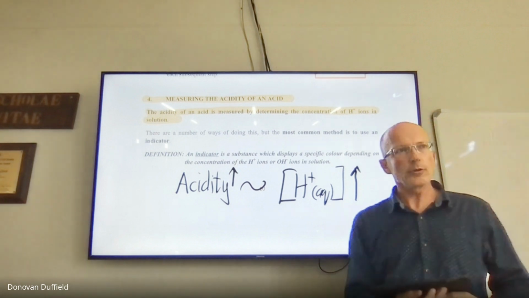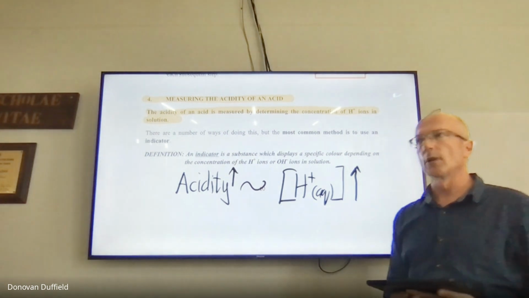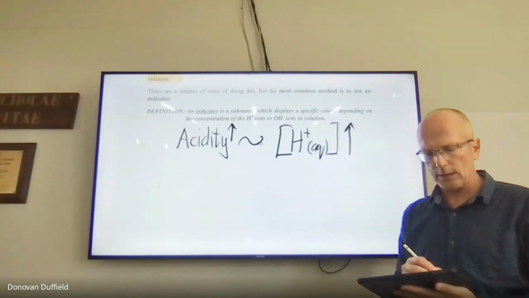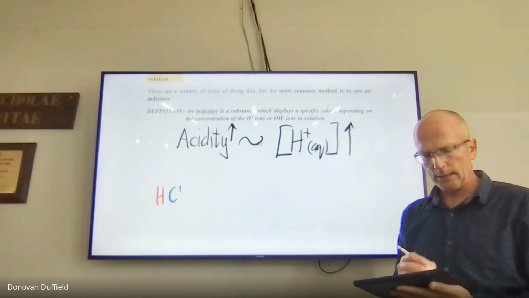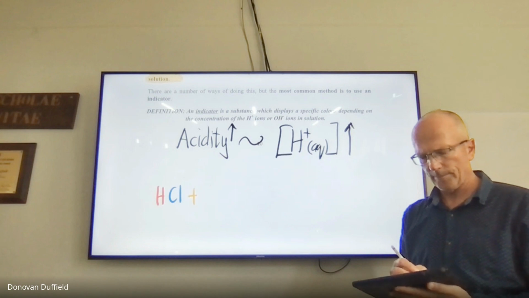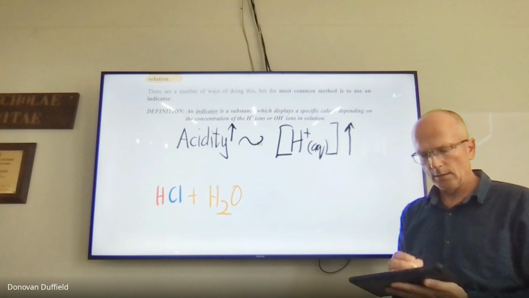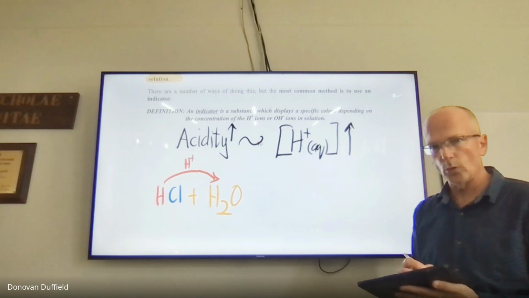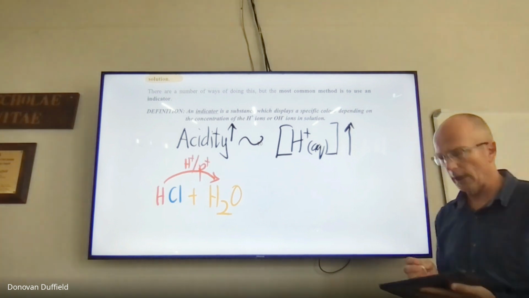We learned in earlier workshops that if you have an acid, let's take for instance HCl, and you react it with water, you're going to get a hydrogen ion or a proton that is donated.